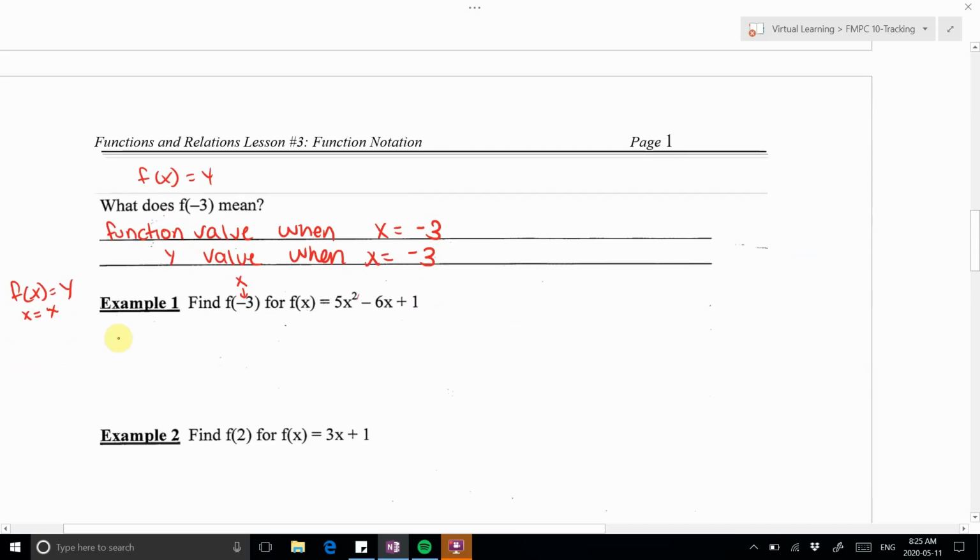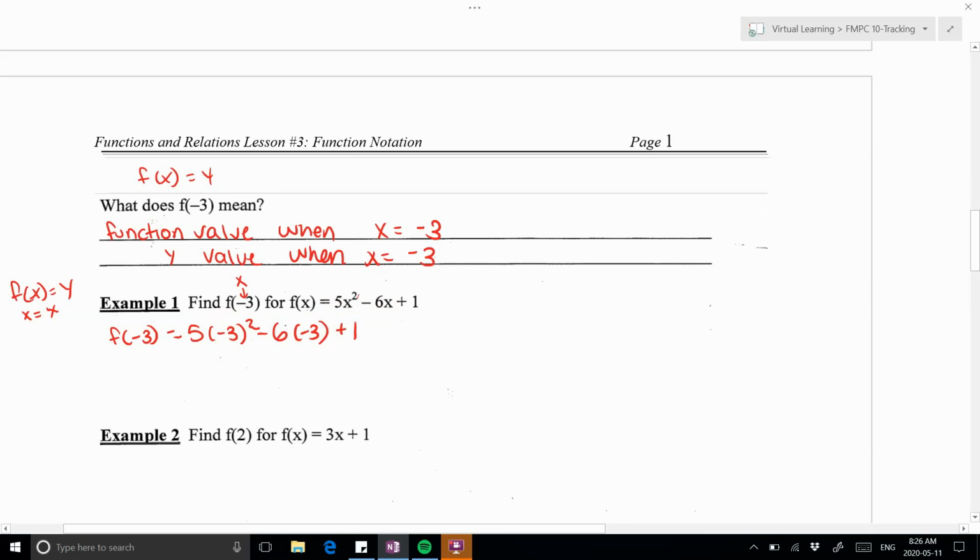So for f at negative 3, now this negative 3 is equal to x. So anywhere in the equation where I see an x, I'm going to replace it with negative 3. And when I sub something in, I sub it in brackets. So this negative 3 is going to sub in here in brackets. And that's squared, so it's still squared. Minus 6, I've got another x, that becomes negative 3, plus 1.